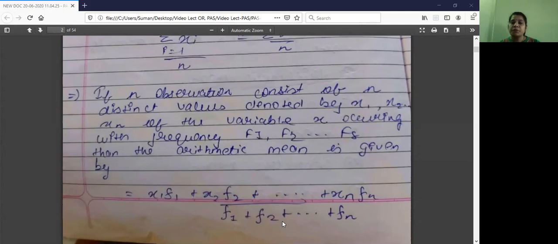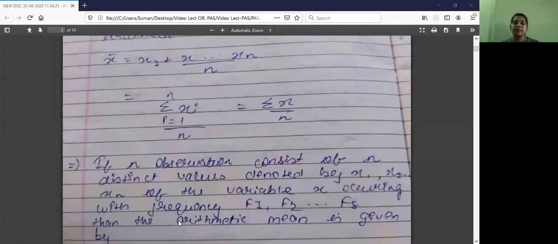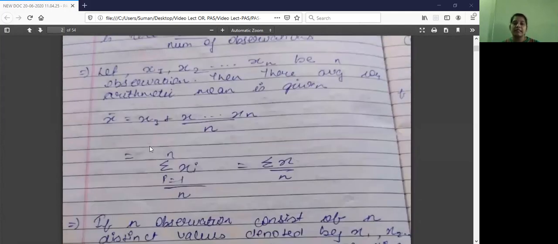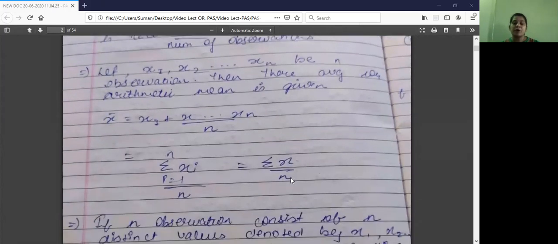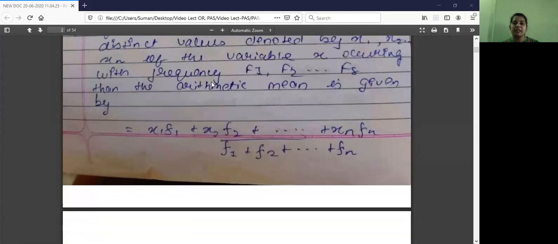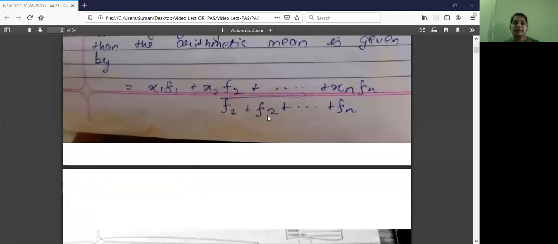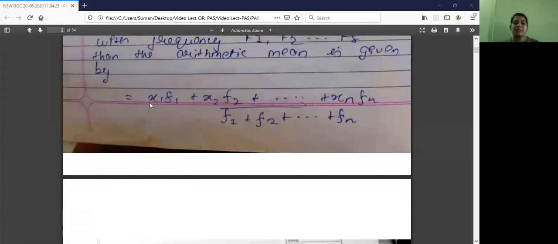So if we are given only the values of x, then we find the average with the formula summation x upon n. And if we are given the variable x and the frequency also, then the formula is x1 f1 plus x2 f2 up to xn fn, divided by the sum of the frequencies.